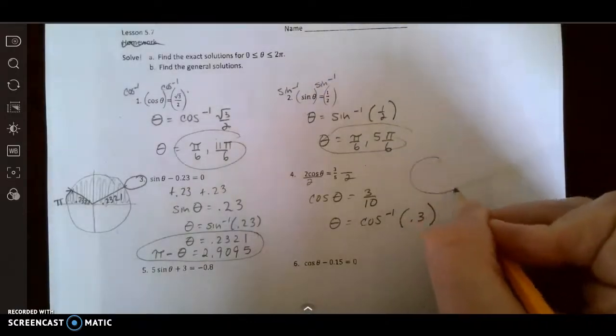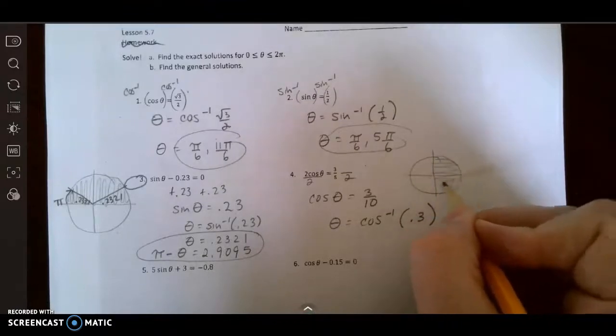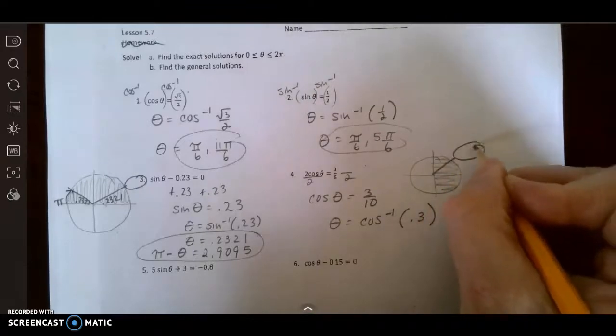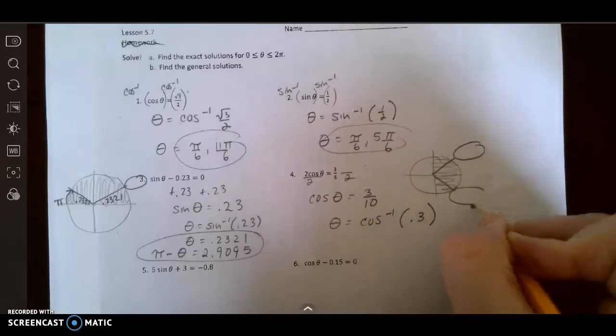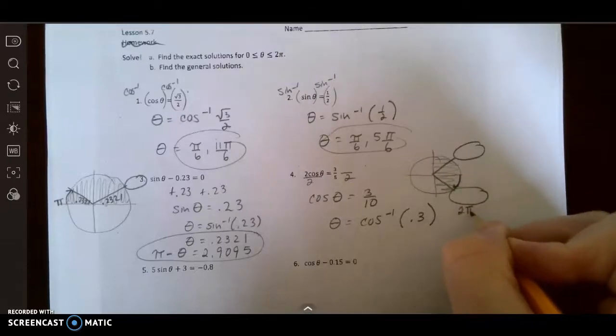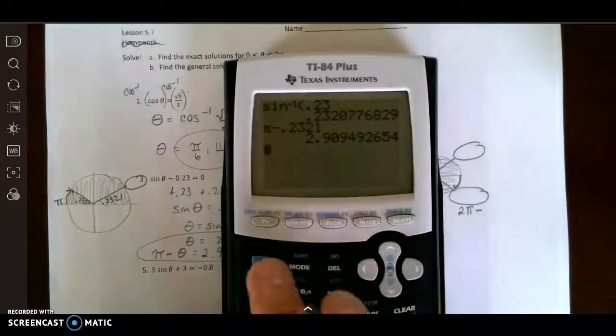So let's see, where is my cosine positive? It's going to be in these 2 quadrants. So I'm going to have an answer here, and I'm going to have an answer here. This one here is going to be 2 pi minus whatever I get as that angle.